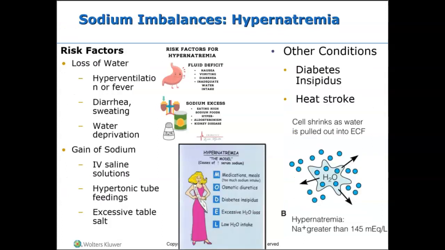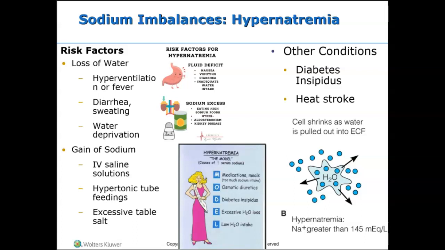Okay, hypernatremia. What's happening is we lose water from our cells and there's a higher concentration of sodium left in the cells. This happens when we lose water. This can occur from water losses, say through hyperventilation, fever, diarrhea, or profuse sweating. It also can occur if we don't ingest enough water.